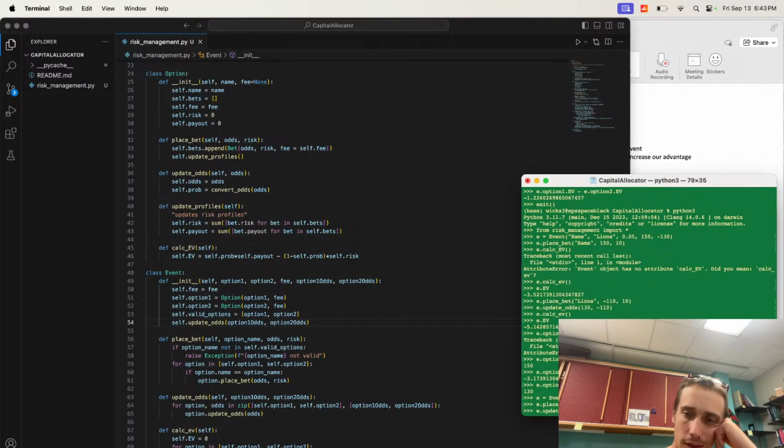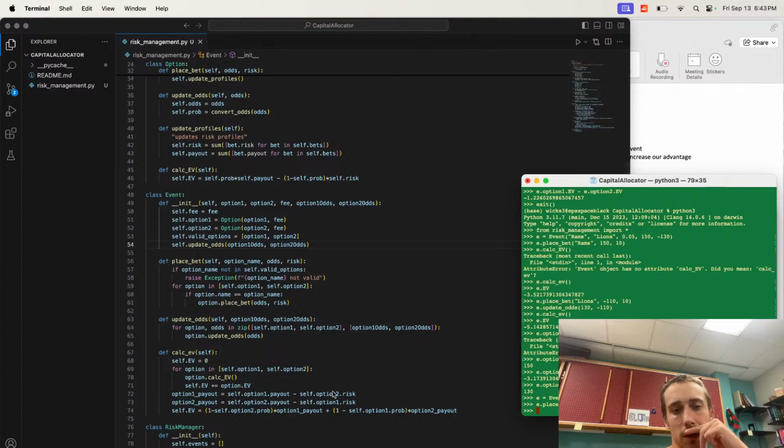So why is our EV so low? Expected value is 1 minus option 2 dot prob.